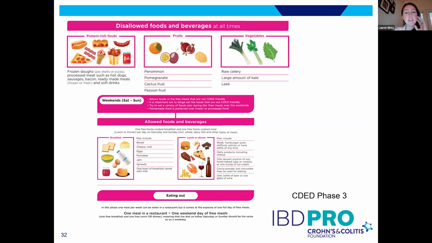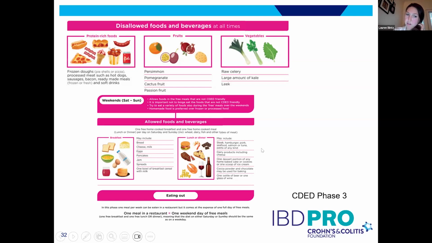And you have a little bit more leeway on the weekends, and to have some almost cheat days is kind of what they consider it as. And so you're able to have 1 free home cooked breakfast and 1 free home cooked meal that can include bread, cheese, some of these foods that are usually not allowed.